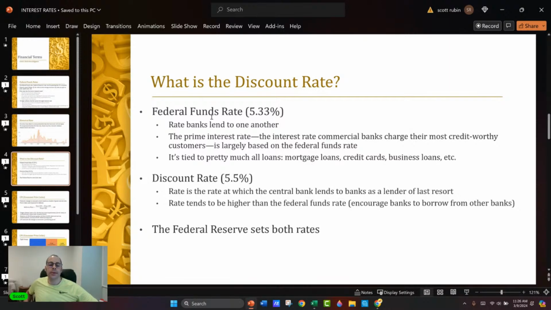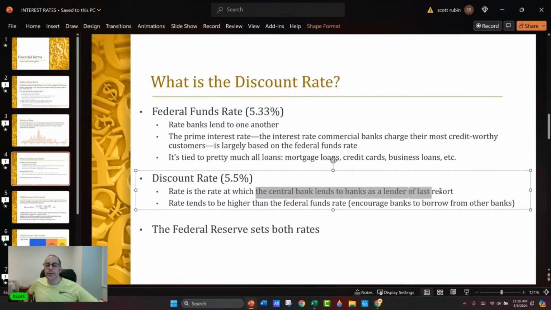So there's a lot of different rates out there. There's a million rates. Your credit card rate, your mortgage rate, your everything. But they all lead back to these two. The discount rate is the rate the federal government lends to banks. The federal government is also known as the central bank.